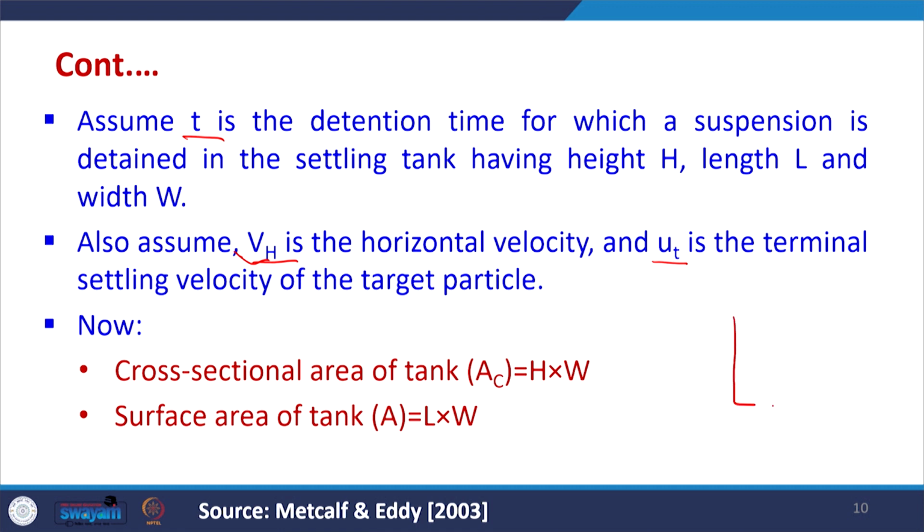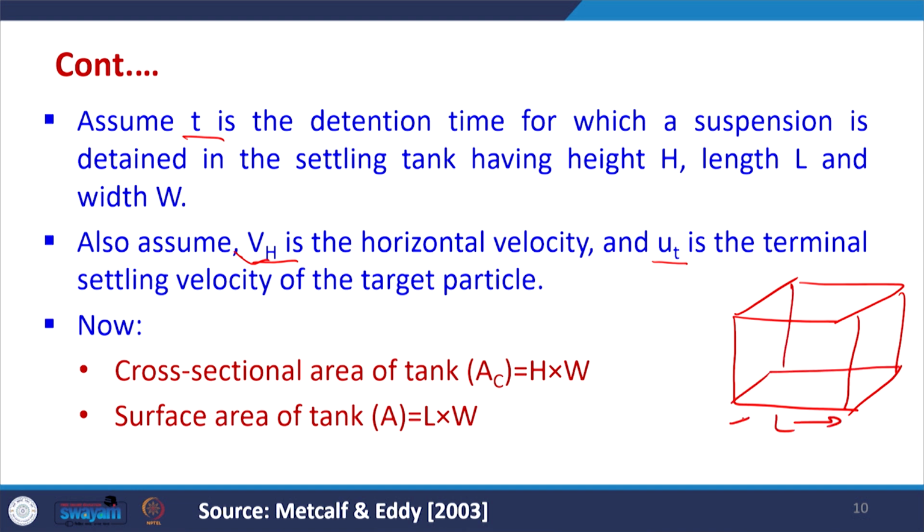So, we have this tank which is like this. This is the L, this is the H and this is the W. From here we can clearly see the cross sectional area, which is like this one.